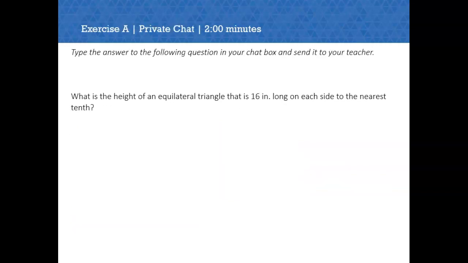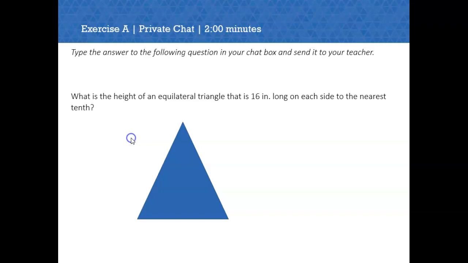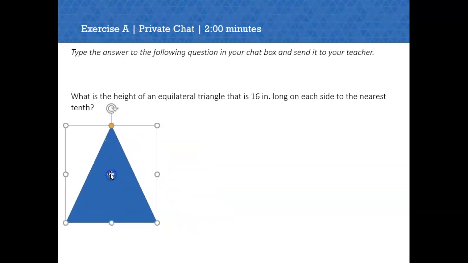What is the height of an equilateral triangle that is 16 inches long on each side to the nearest tenth? So an equilateral triangle, so all the sides are the same. So each side is 16.